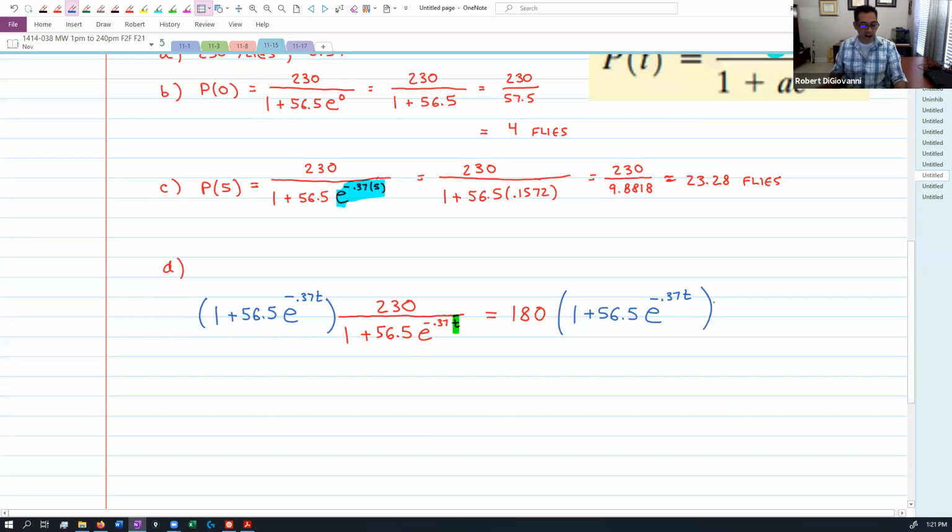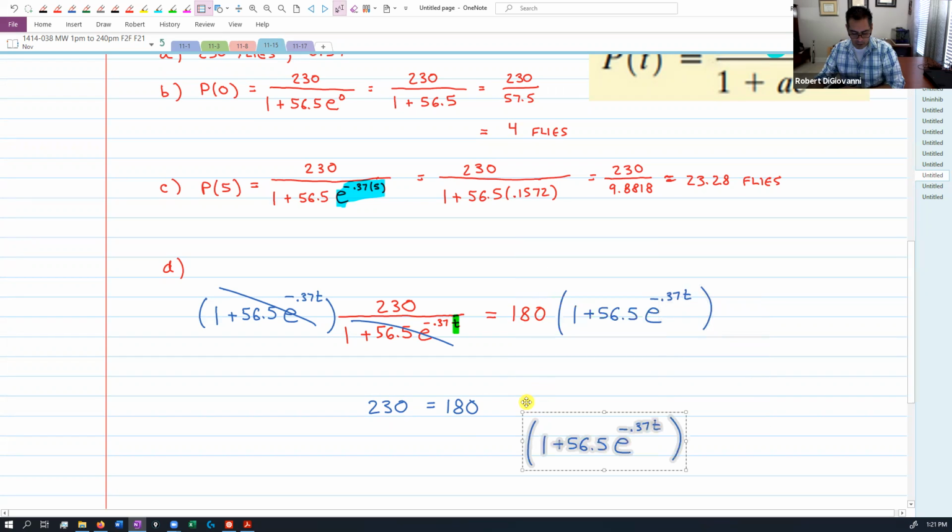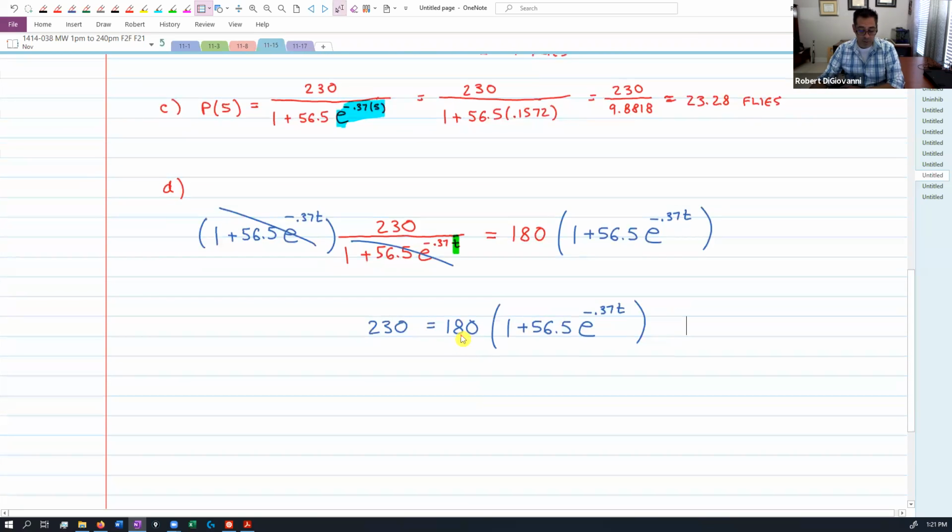Now, the reason we did that is because it gets it out of the denominator, leaves us with 230 on the left side. And on the right side, we have 180 times this thing, right? So it cleared the fractions. So that's where we are. So I am not going to distribute this 180 through.